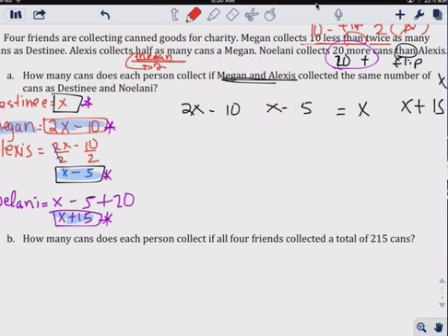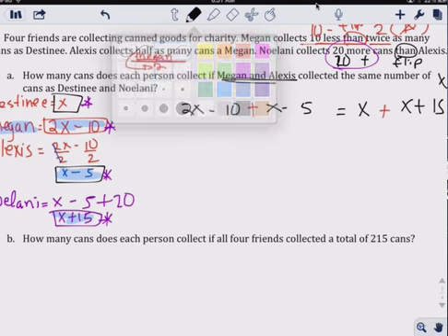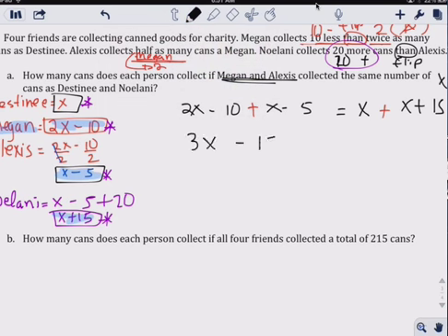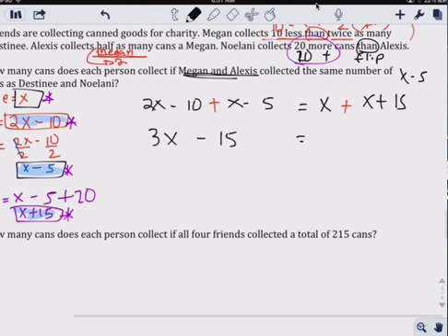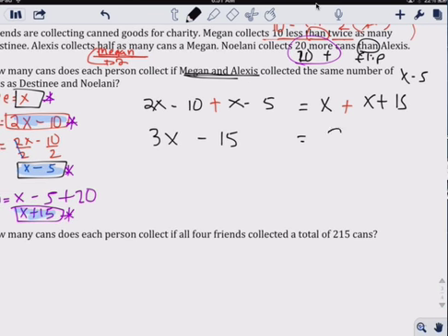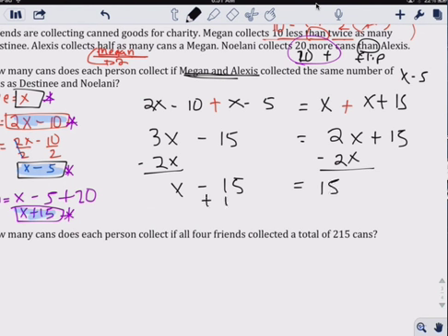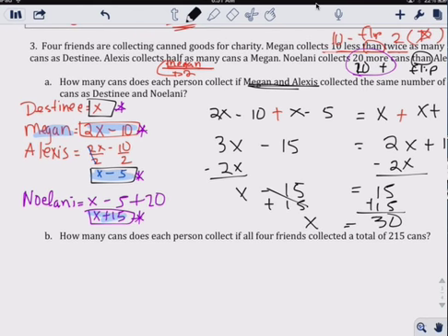Okay, we add these. So we combine like terms. 3x minus 15 equals 2x plus 15. Okay, I'm going to get rid of the smallest variable first. That gives me x minus 15 equals 15. Add 15, add 15. We get 30. So x is 30. Who's x? Destiny. Destiny, you collected 30 cans.